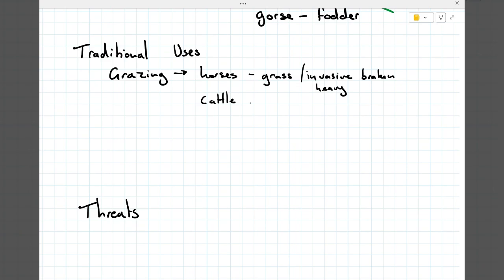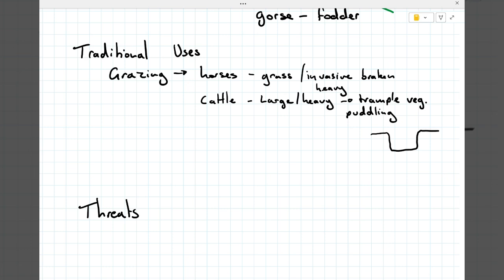Cattle are very large and heavy, so they trample vegetation, and this can cause things like small areas of puddling, which is just where the hoof of the animal leaves an indent and that fills up with water.